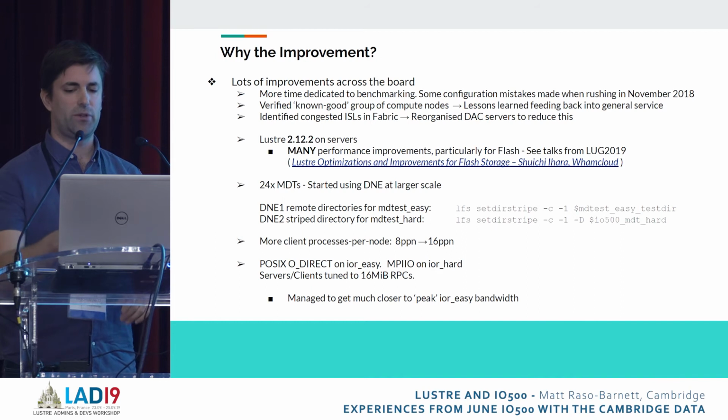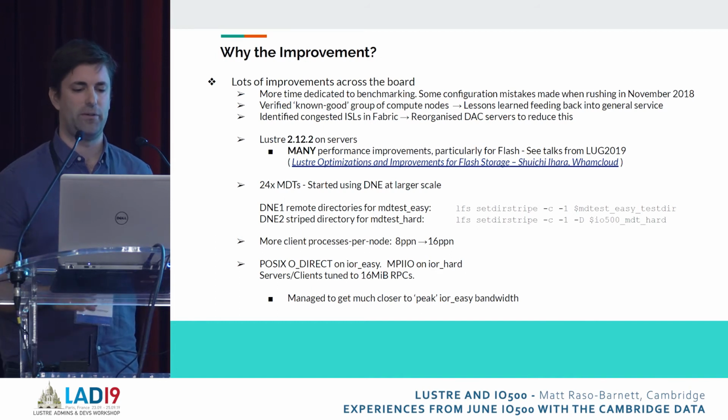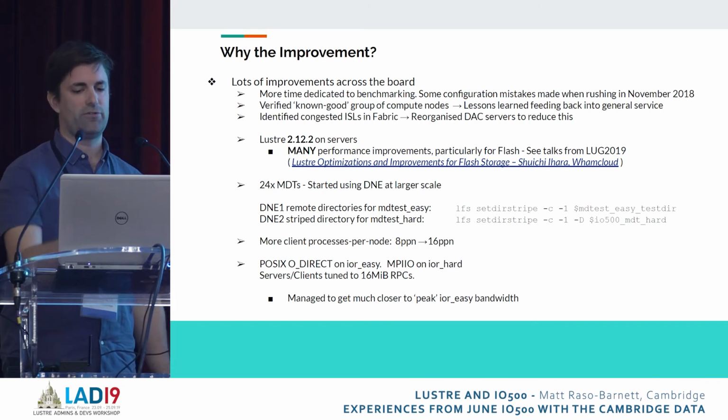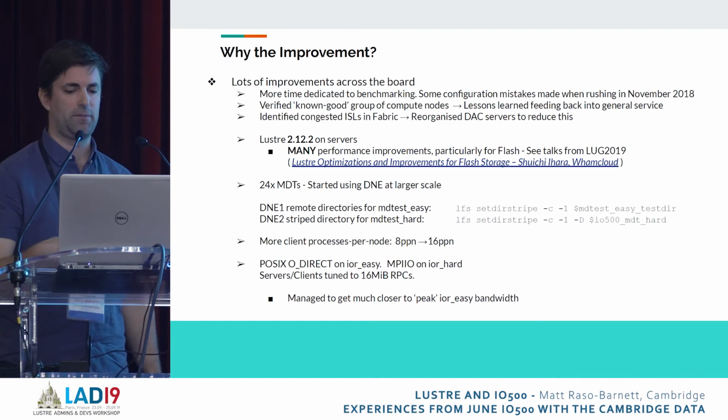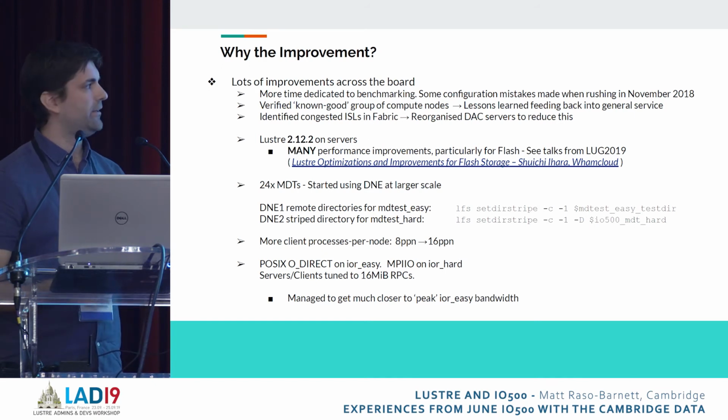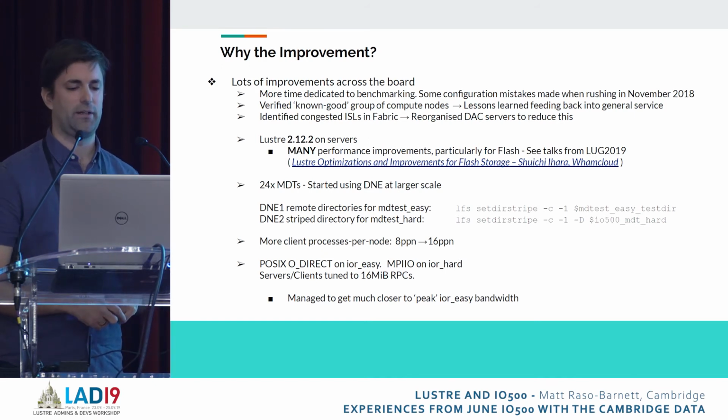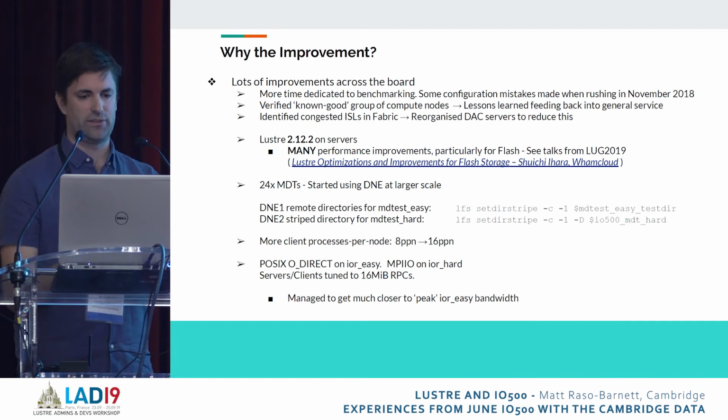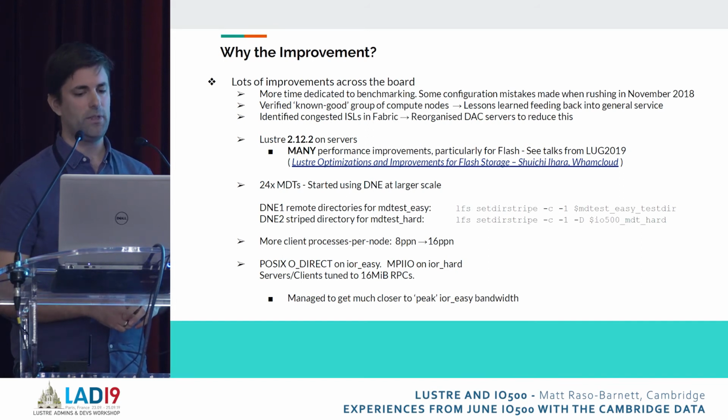I was trying to use striped directories for both, but these stability issues led me to not using it for MD test easy. I think that's something we can get to the bottom of with some more testing in the future. It was quite a rare occurrence, but enough to make me avoid it for the time being.